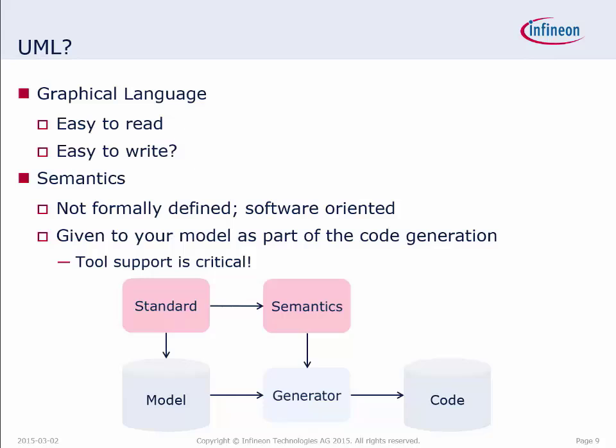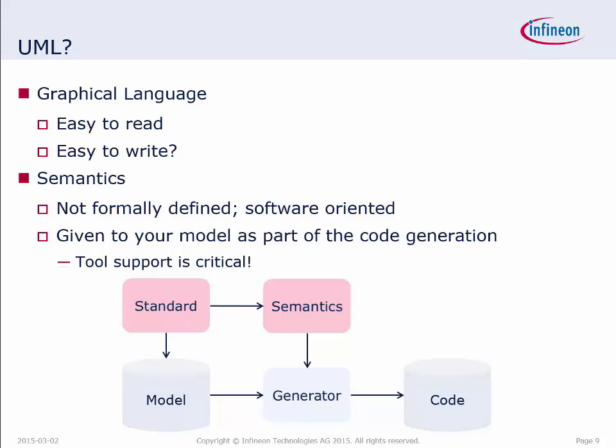The semantics of UML are not formally defined, so they are written textually, and you have to think about how to read and interpret this semantics, maybe to have your own semantics which are specific for your project, and then integrate them. So you have the standard, you have your state machine, but the generator which will generate the output, for example the VHDL state machines or the C state machines or the SystemC state machines, will follow the semantics you code in your generator.